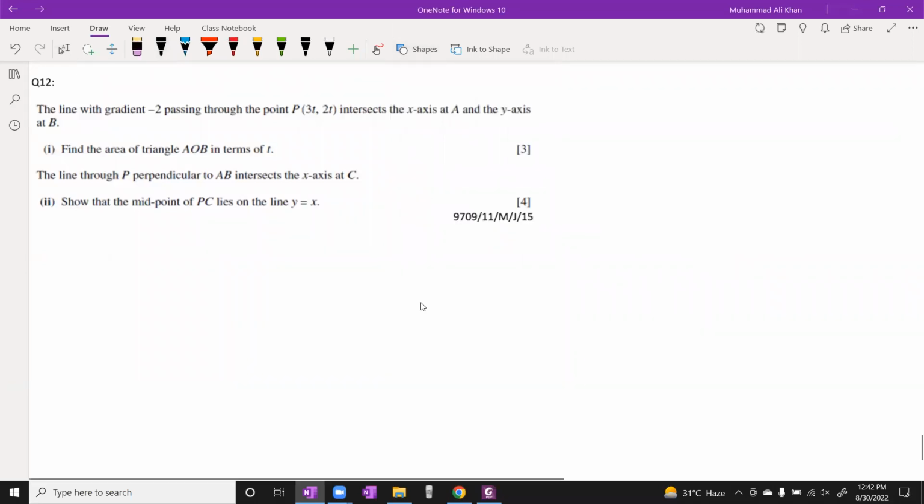First, we have to sketch a simple diagram. Let's say this line, the line with gradient -2, passing through the point P, intersects the x-axis at A and y-axis at B. Find the area of the triangle AOB.